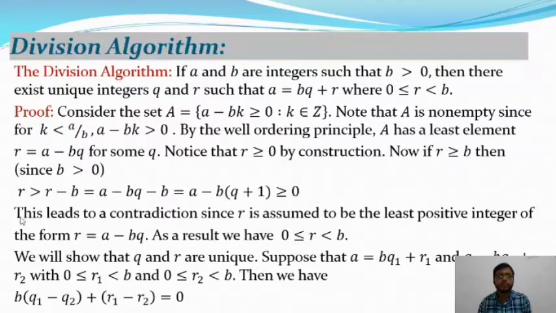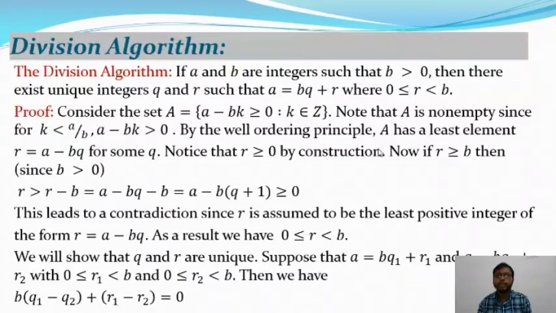So here is the proof of the above theorem. Consider the set A, where A is equal to the set of a minus b into k, which is greater than or equal to 0, such that k is any integer, that means k belongs to Z. Note that A is non-empty since a minus bk is greater than or equal to 0 for k less than a over b.